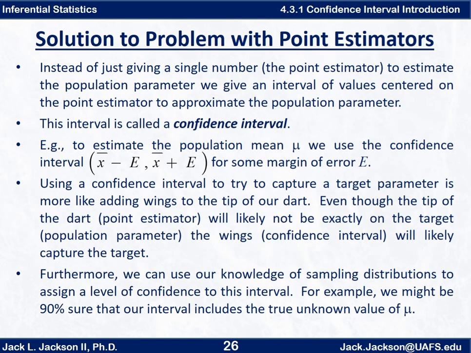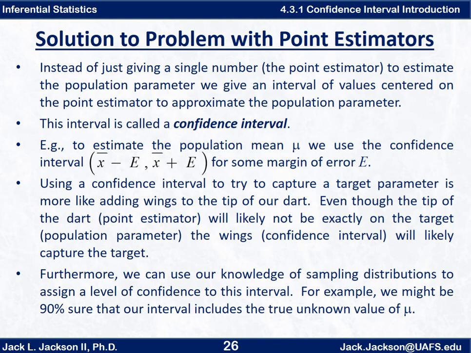So the idea behind a confidence interval is the solution to this problem with point estimators. Instead of just giving a single number, the point estimator, say the x bar value, to estimate a population parameter, what we give instead is an interval of values centered on the point estimator to approximate the population parameter. And this interval is called a confidence interval.